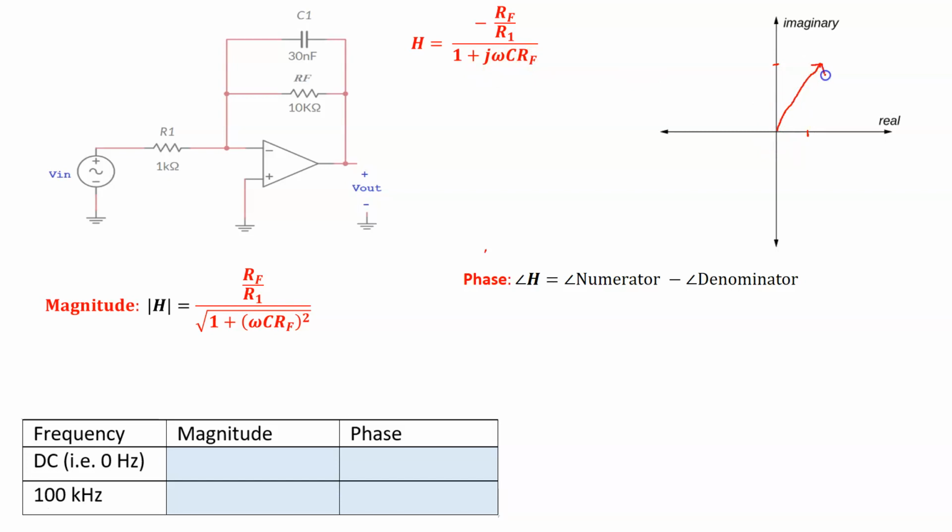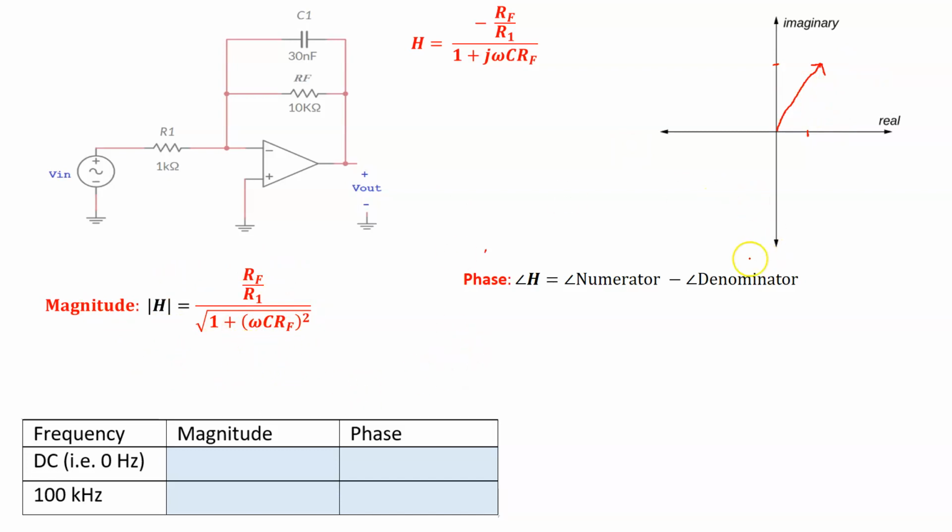What is the magnitude of this? The magnitude is the square root of this square plus the square of that. So that's what we have here. That's my magnitude.